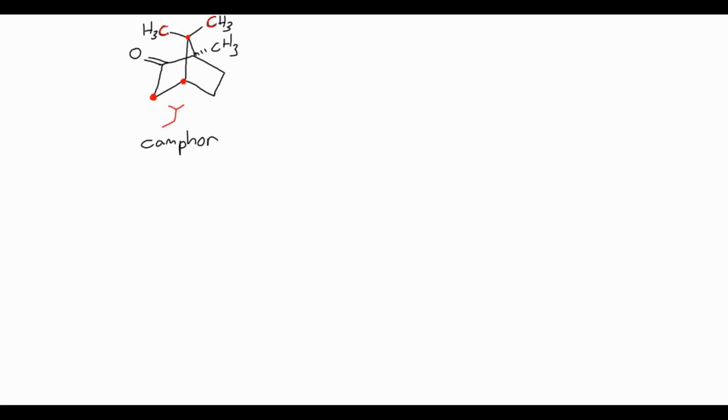And we also have another one that might be a little bit harder to draw since it's behind everything. We have 1, 2, 3. This carbon on the methyl group is 4, and this carbon back here is 5. And that gives us, again, this structure there. So again, 10 carbons. This is a monoterpene.